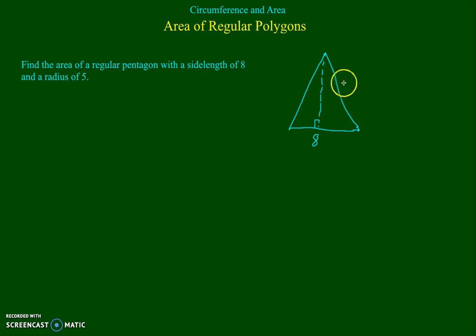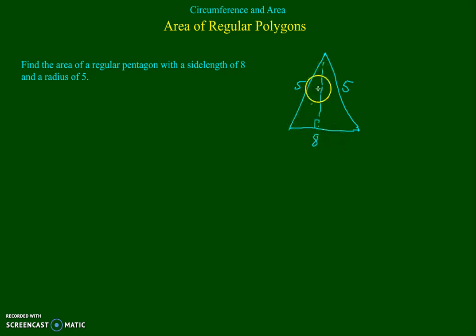So the radius is 5. So let's write in a 5 here. And this radius is a 5. And I'm writing both of these in just for exemplary purposes here to show you that what we have here is an isosceles triangle.